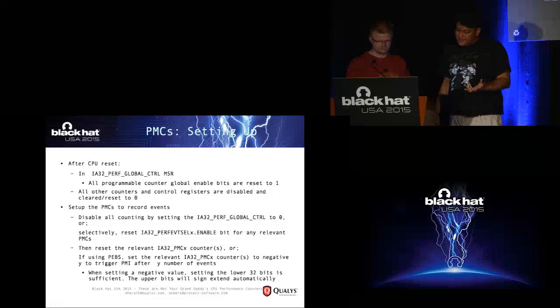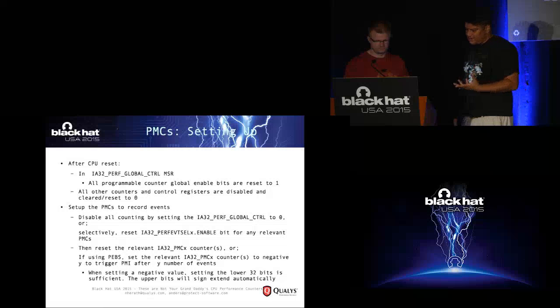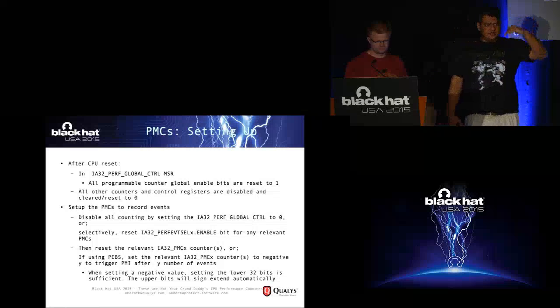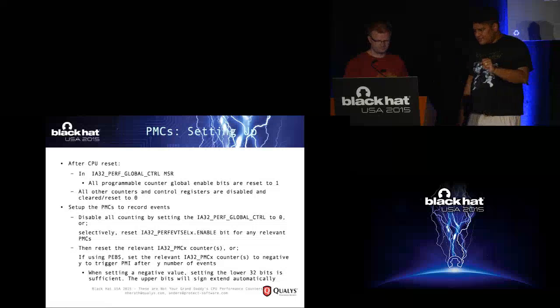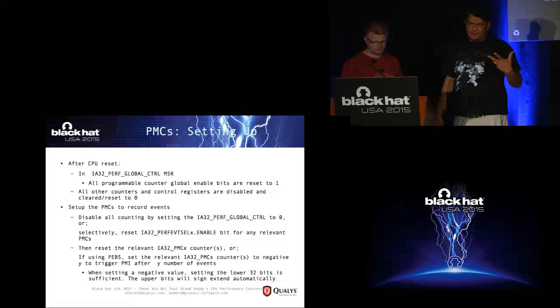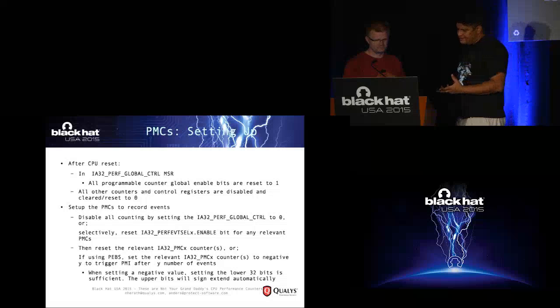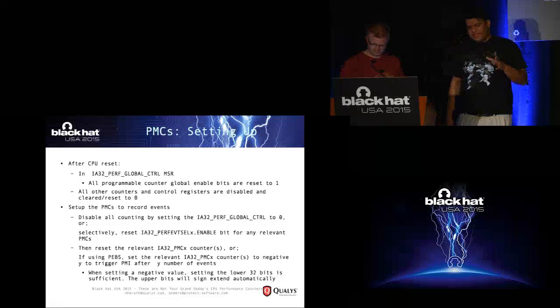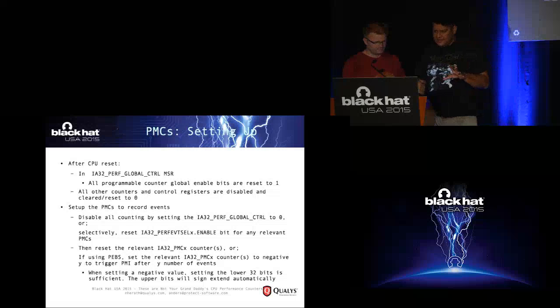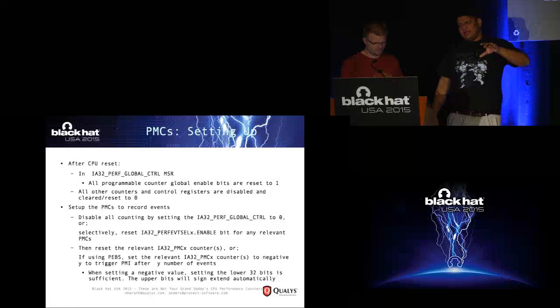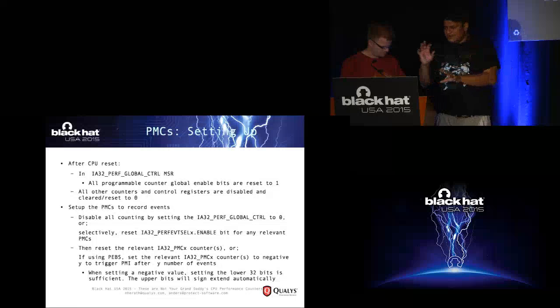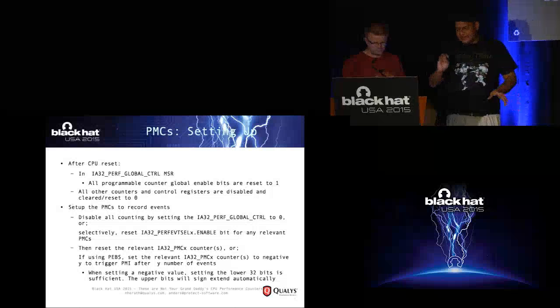To set up the PMCs to record events, we need to take certain steps. I'll quickly run through the steps so you get a rough idea of the workflow. First of all, we can either disable all counting or selectively reset the counters by using the control register to disable the particular counter.